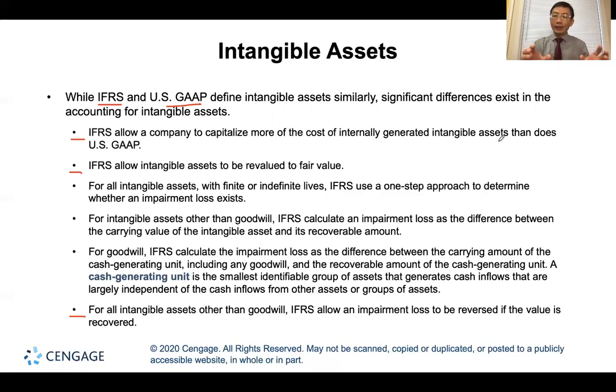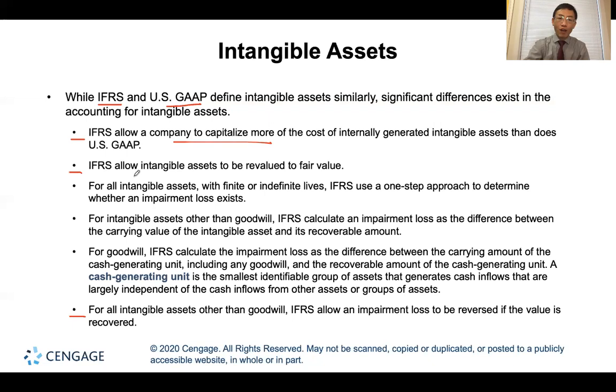They have a test, like a technological feasibility test, called the economic and technical feasibility test. So it's like the software development procedure. After the test, the cost will be capitalized, but IFRS will capitalize more. You can read the textbook to see the detailed difference.